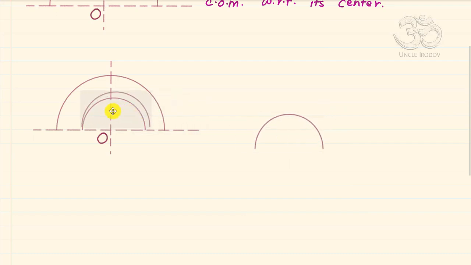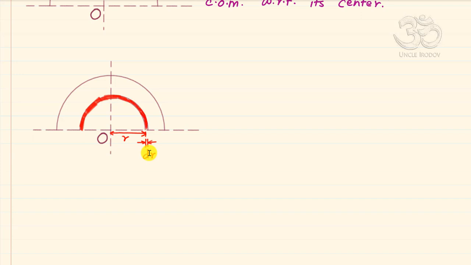Let us say make it that big and fit it here. So what I've got is a very thin hemispherical shell of radius r. Let us say there is a small r radius here. So this entire thing is small r, and let us say I increment the radius by a very small amount, dr, and what I will have is a red shaded part that is an incredibly thin hemispherical shell.